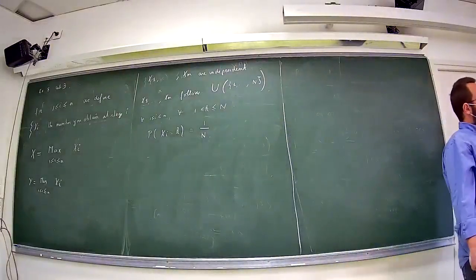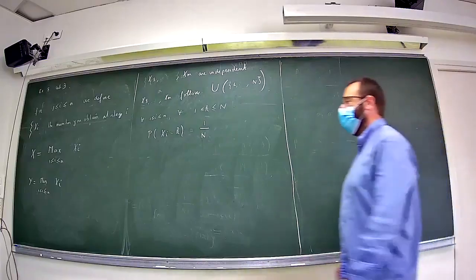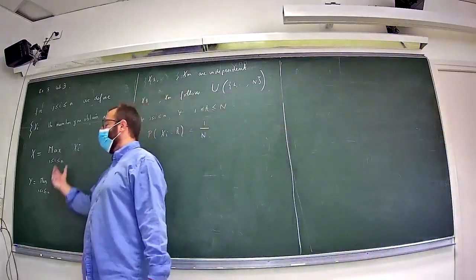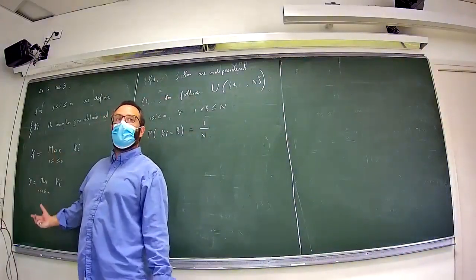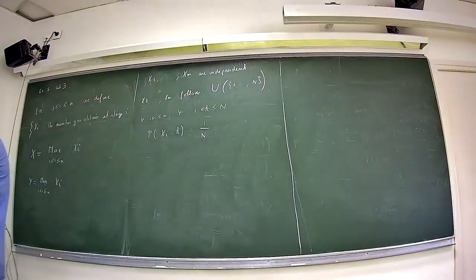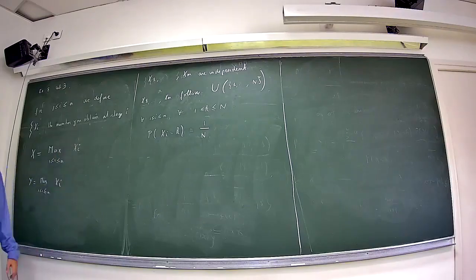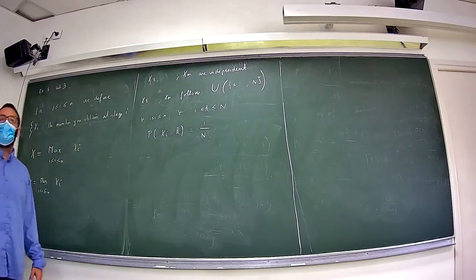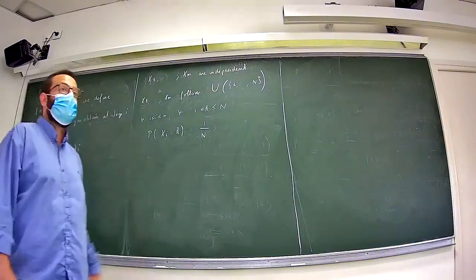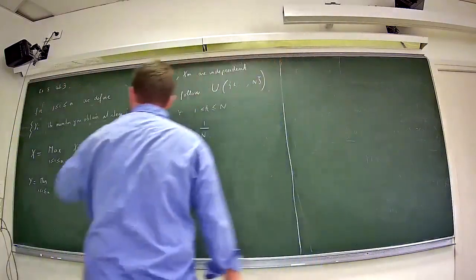So my job in this exercise is to compute the distributions of these two random variables, to find what they are. What is the set of the possible values for this one? What are the possible values for the max and for the min? 1, 2, ..., N, okay?